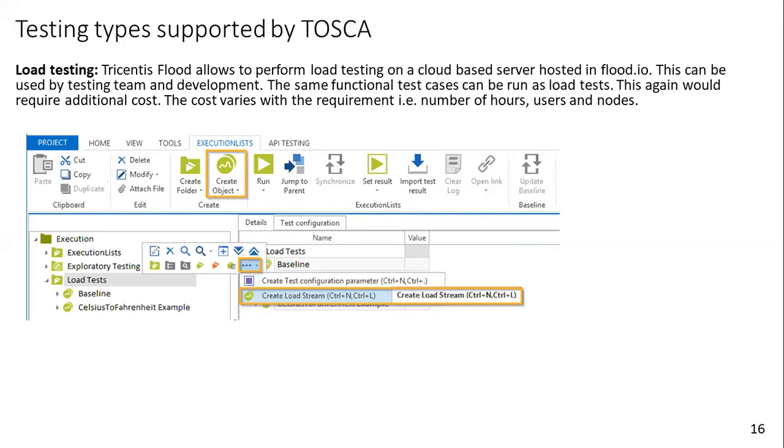This is an advantage for an organization because they need not maintain licenses. Most people might know that for performance testing, the tool ruling the market is LoadRunner. For LoadRunner, you need to purchase licenses for the whole year, and performance testing happens only once or twice a year.